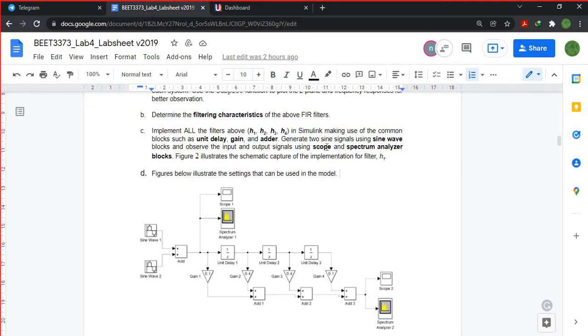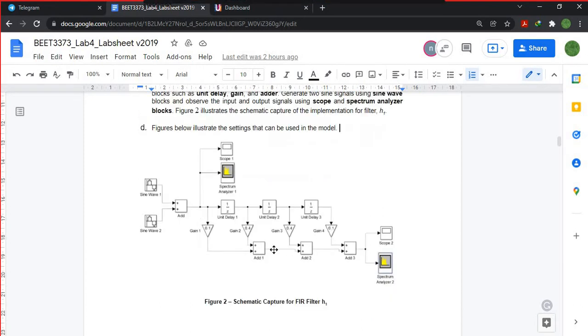Next, we need to generate two sine signals using the sine wave block and observe the input and output signals using the scope and spectrum analyzer. So this is an example for H1.